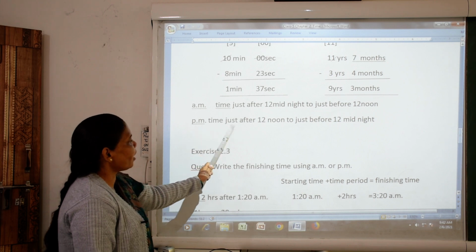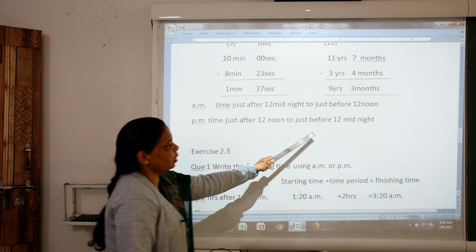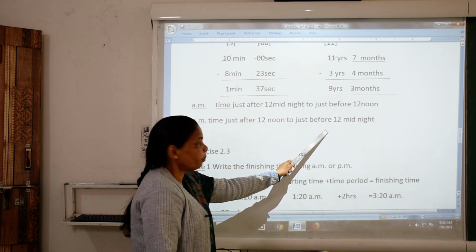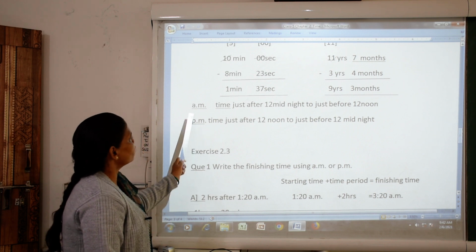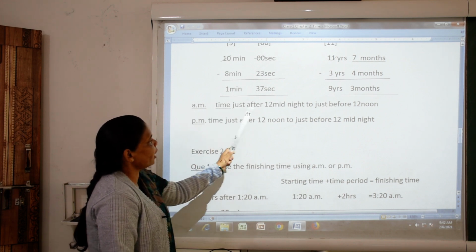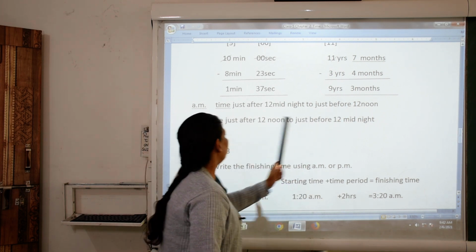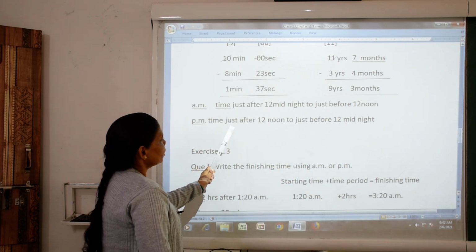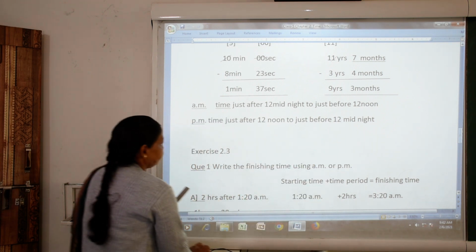And PM is just after 12 noon, from 12 noon to just before 12 midnight, we will write post meridian. So AM is time just after 12 midnight to just before 12 noon, and PM is time just after 12 noon to just before 12 midnight.